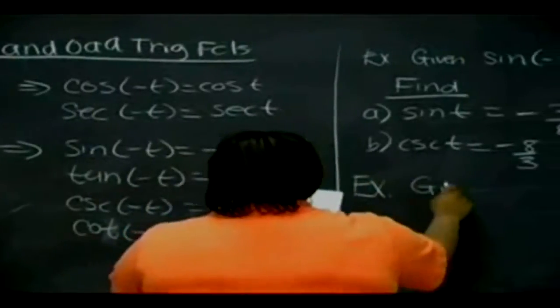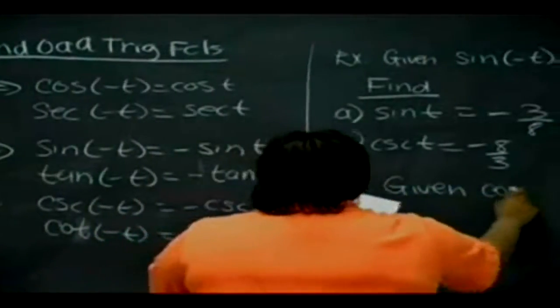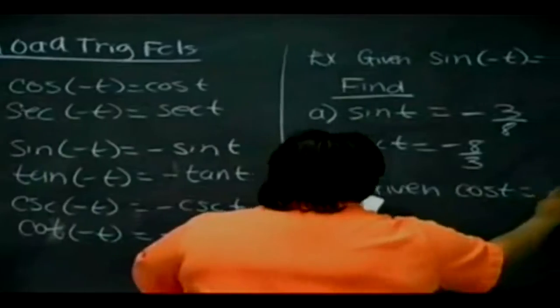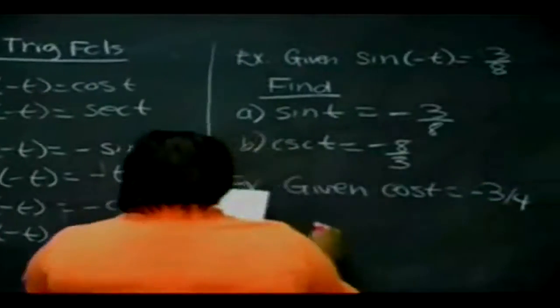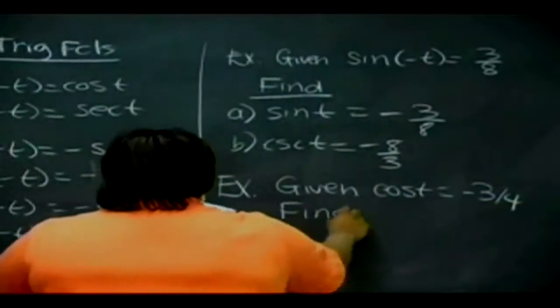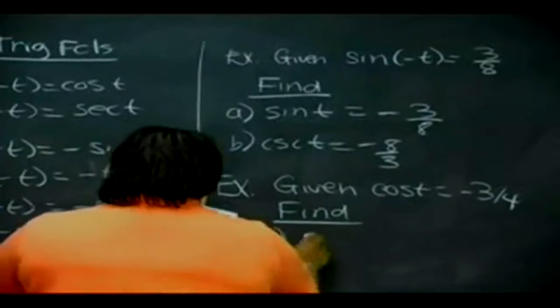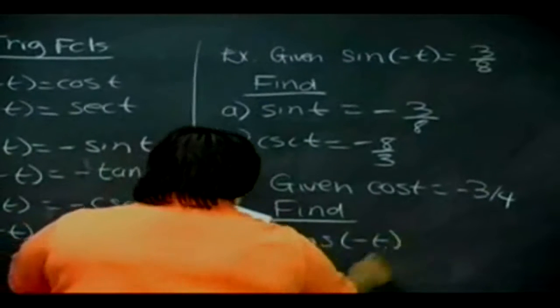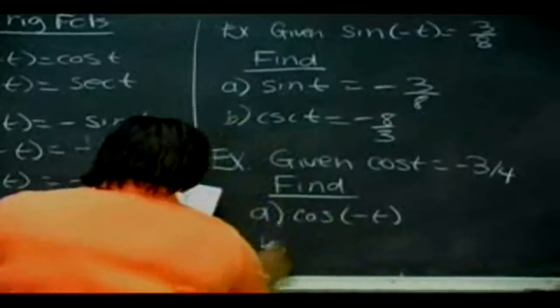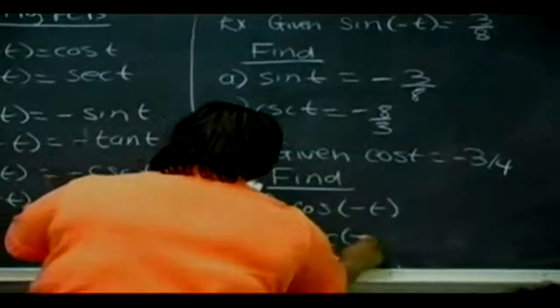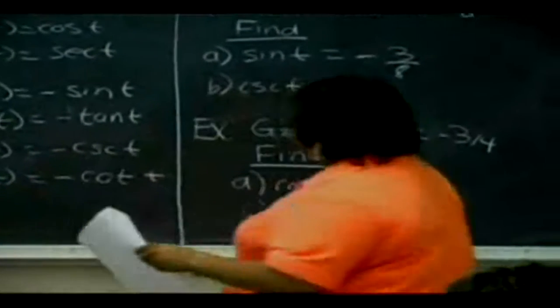Another example. Suppose we're given that cosine t is negative 3/4, and we want to find cosine of negative t and secant of negative t.